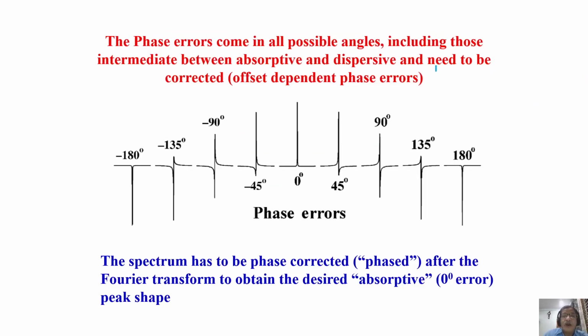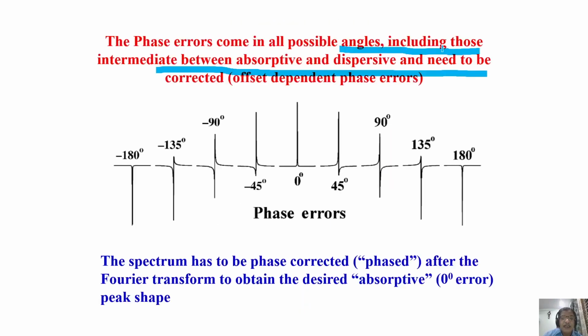So a phase error comes in all possible angles, including intermediate between absorptive and dispersive. That's what I said. At 45 degrees, you have a mixture. It need not be 45 degrees; it can be any angle. If they are not exactly out of phase by 90 degrees, let us say there is a phase difference of 85 degrees, 80 degrees, 70 degrees, different angles will be there between cosine and sine.